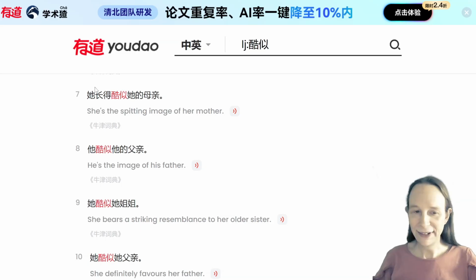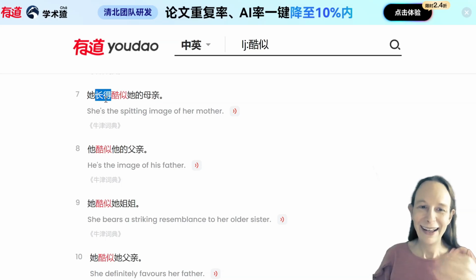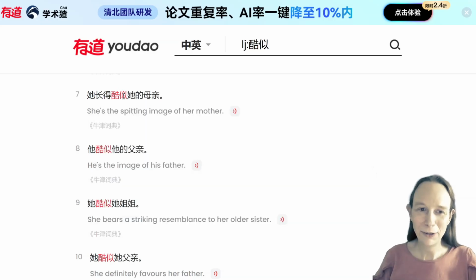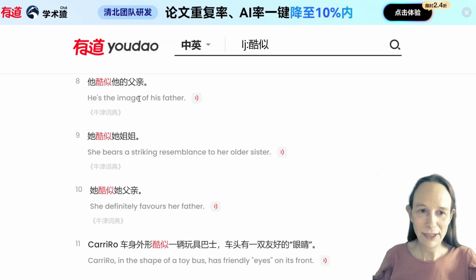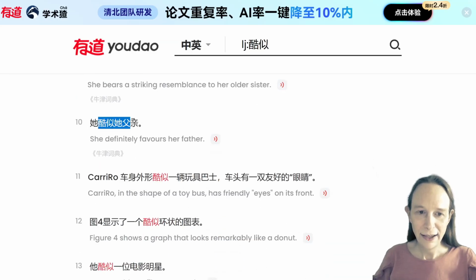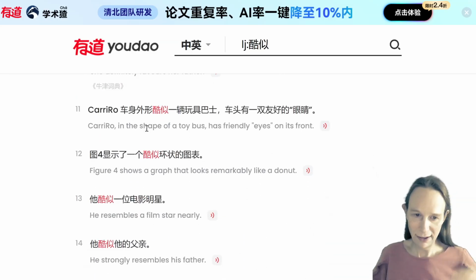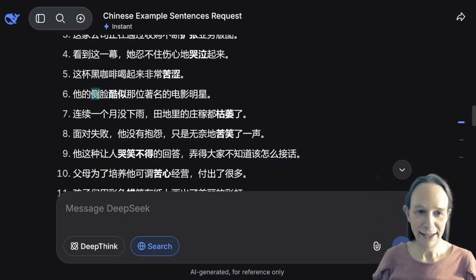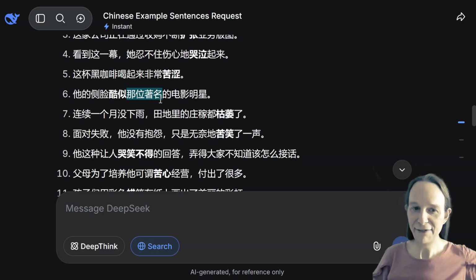So this is a little bit different. Yeah, so 酷似他的母亲, like a spitting image of her mother. So you say 长得像, okay, looks like this. 他酷似他的父亲, 酷似他的姐姐, 酷似他母亲, and so on. All right. So we have to pay a little bit of attention to the grammar. So his silhouette strikingly resembles that famous movie star.